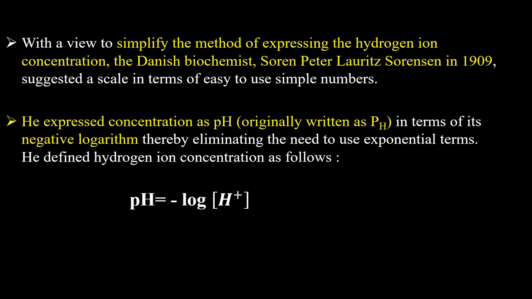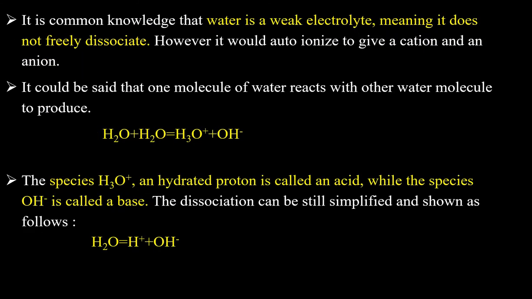He expressed concentration as pH, originally written as p to the base H, in terms of its negative logarithm, thereby eliminating the need to use exponential terms. He defined hydrogen ion concentration as given below: pH is equal to the negative logarithm of the H plus ions, that is hydrogen ions.